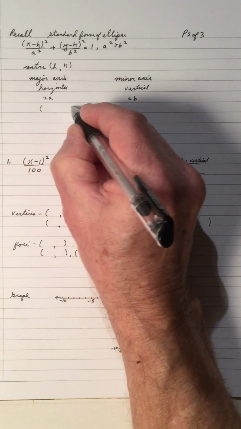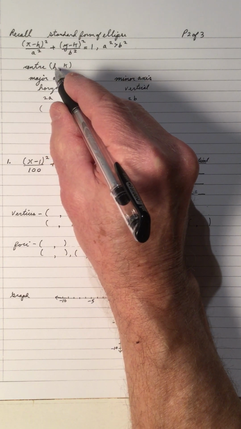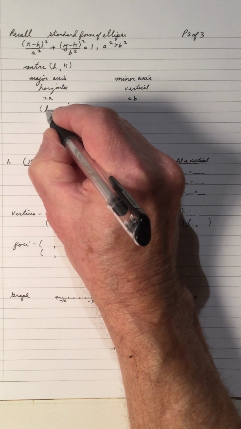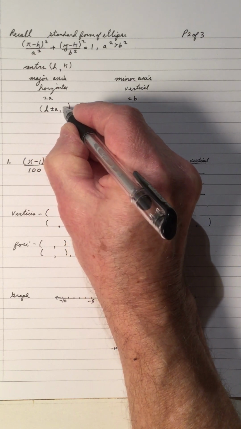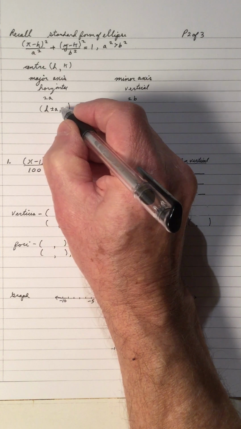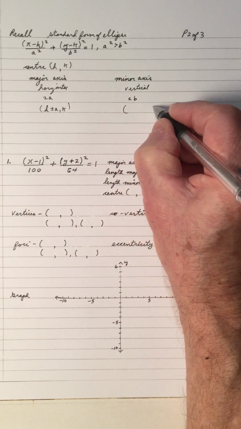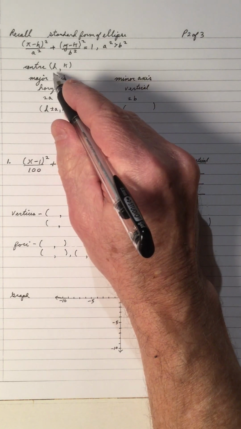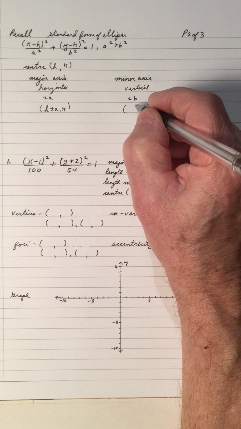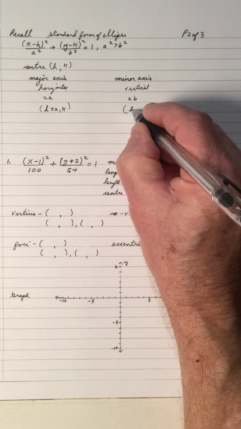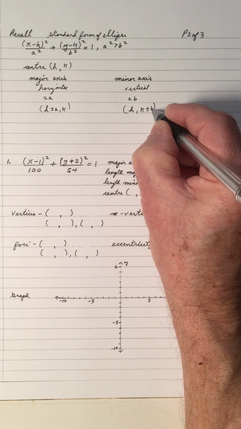And the vertices: because it's horizontal, the a is added to the x value, so it's h plus or minus a, k. The co-vertices: if the major axis is horizontal, the co-vertices lie on the minor axis, so we add plus or minus b to the y value.